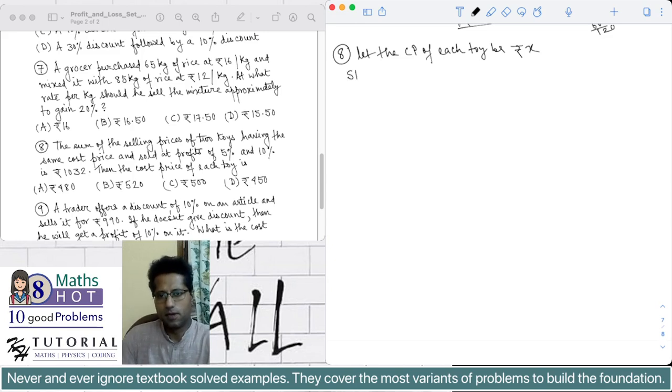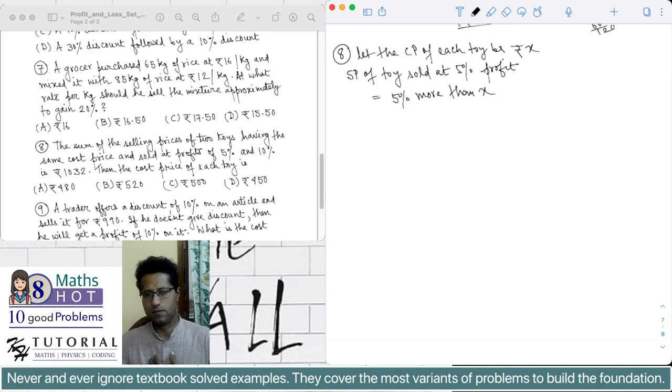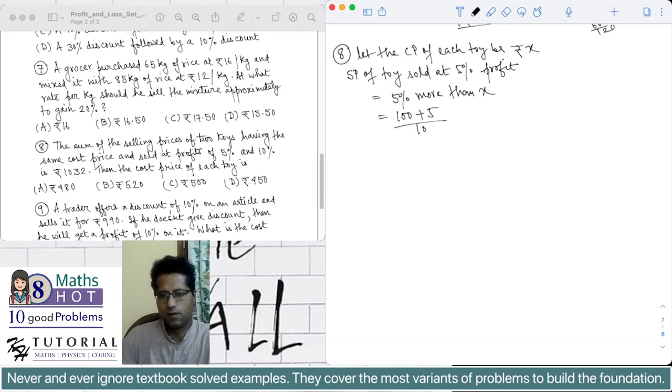Okay, so the selling price of the toy sold at 5% profit will be equal to 5% more than X. The cost price of each toy is X. This is equal to 100 plus 5 divided by 100 multiplied by X. This is equal to 105 by 100 X. This after simplification is 21X by 20.